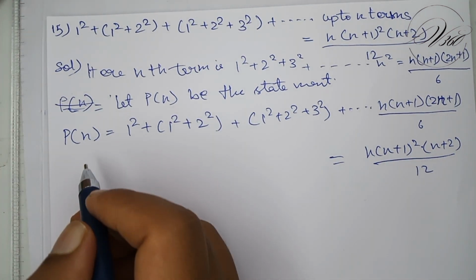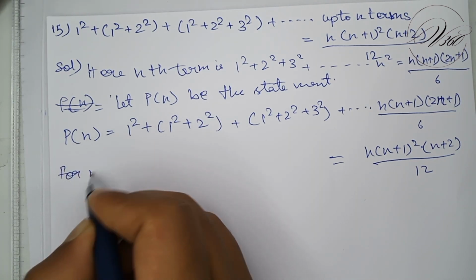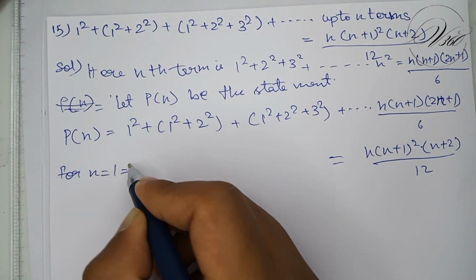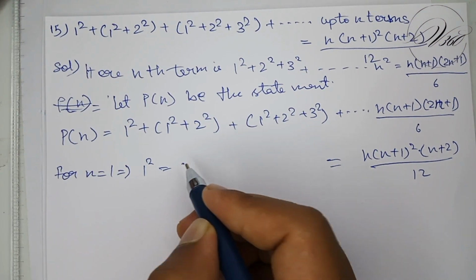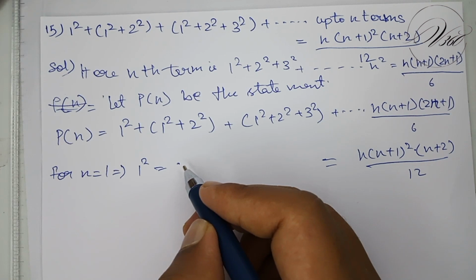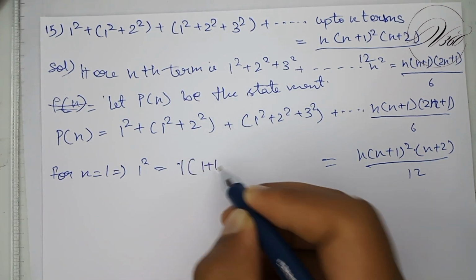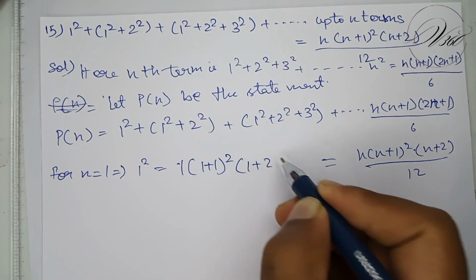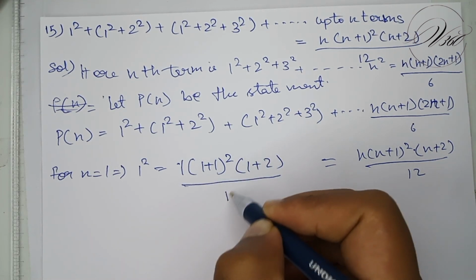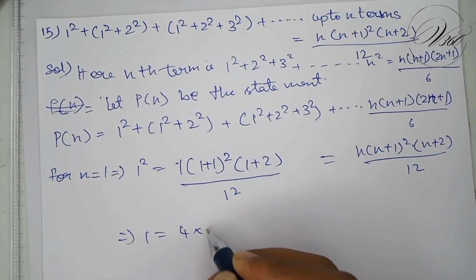Okay, now here we will write for n is equal to 1, which is equal to 1 square. Yeah, now you may all see this. Now 1 of 1 plus 1 whole square of 1 plus 2 by 12, which is equal to 1, is equal to 4 into 3 by 12.